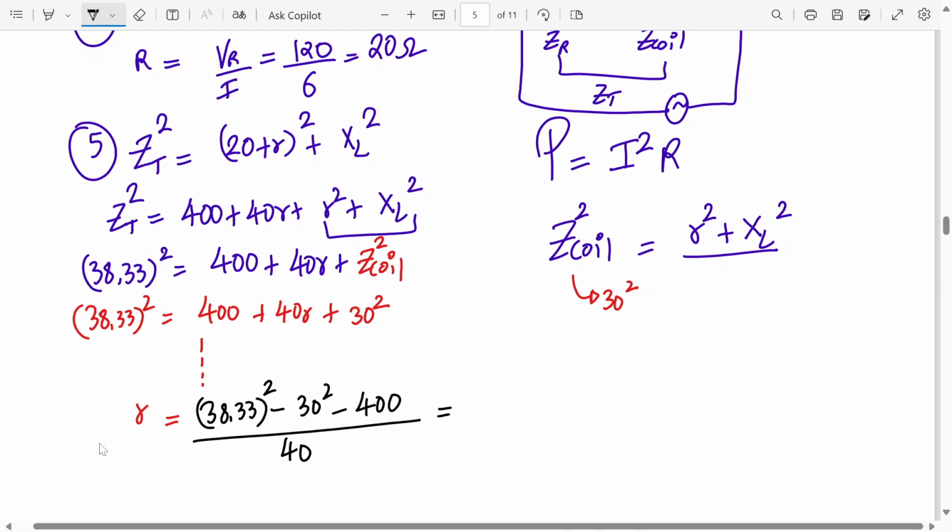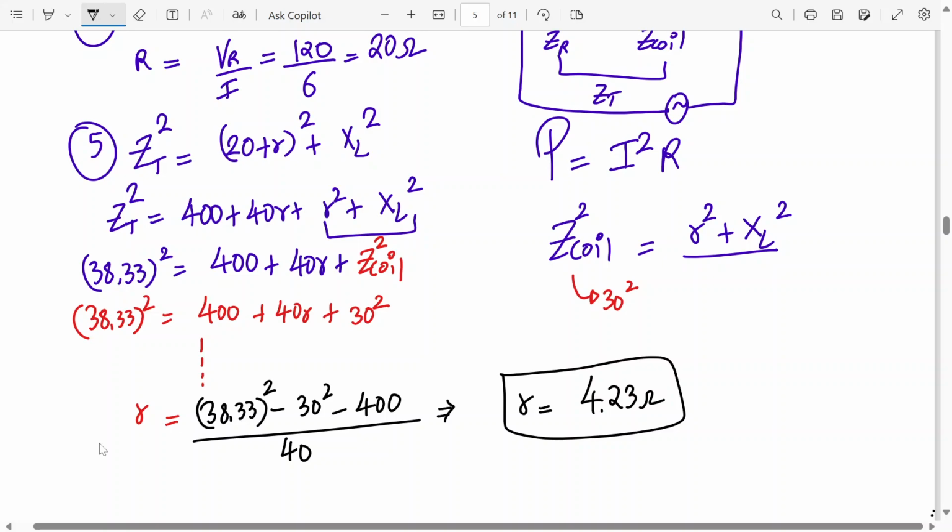What value did you get for the answer? How much is R? Hello. Calculate this, it's not that hard. 38.33 square. Yes. 4.23 is correct.